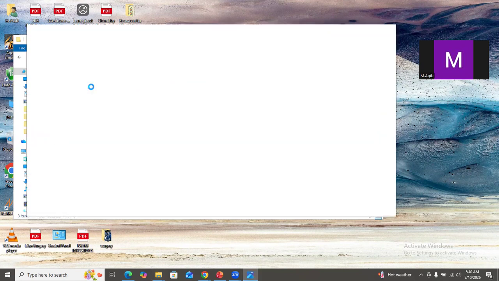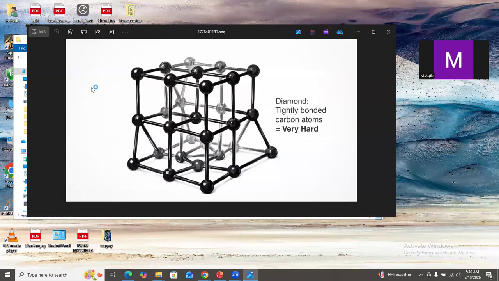This is the molecule of a diamond. So diamond is basically nothing but carbon. And this same carbon has many forms. Coal is also a carbon, and graphite is also a carbon. We are going to discuss it just after this.